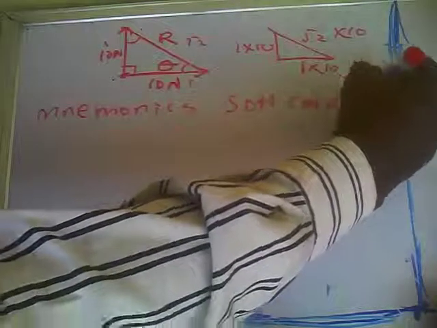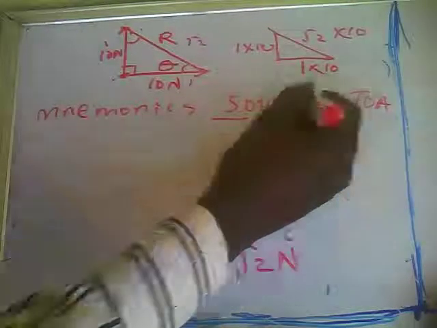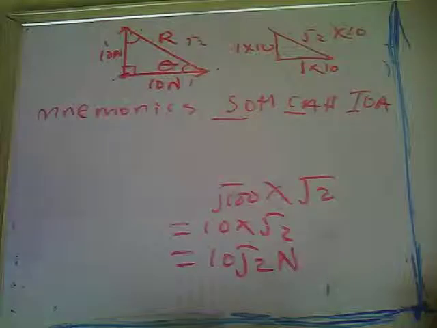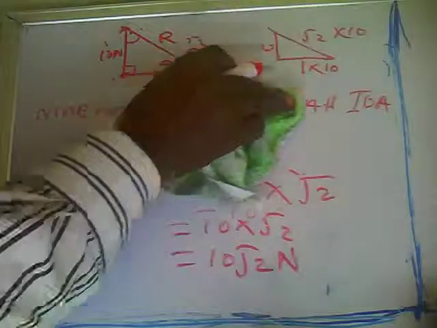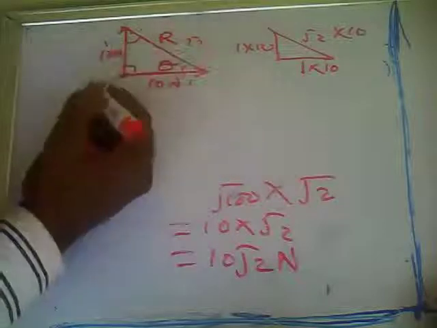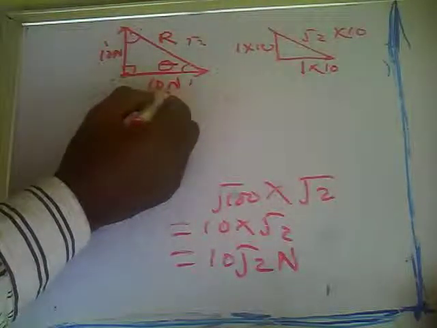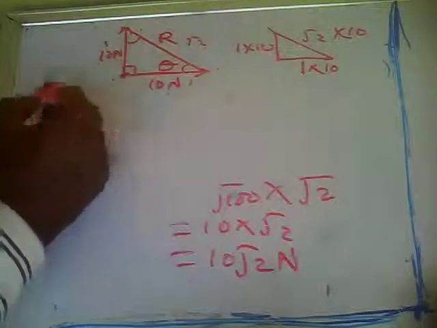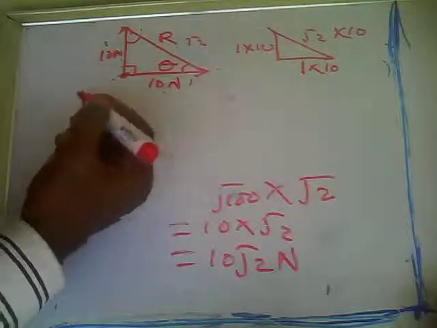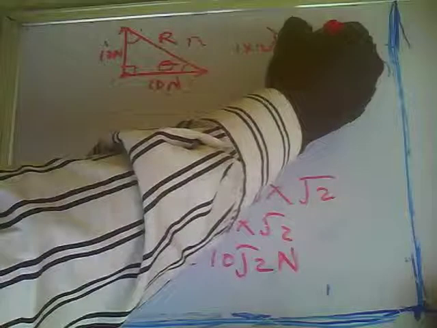That mnemonic is used to solve problems that involve sine, cos, and tan, the three trig ratios. So this time around, this is our angle theta, this is opposite, and this is adjacent. Normally when you have 1, 1, there is only one case where that can happen, that's 45.